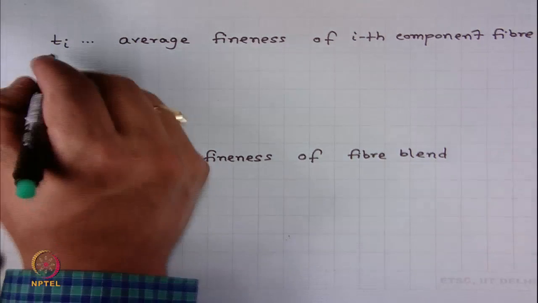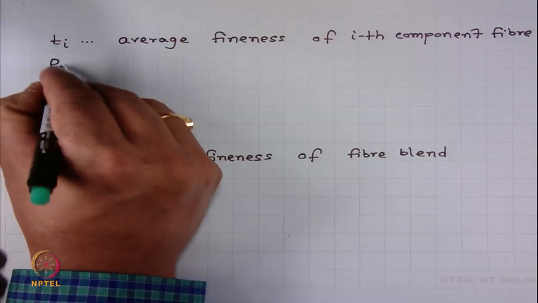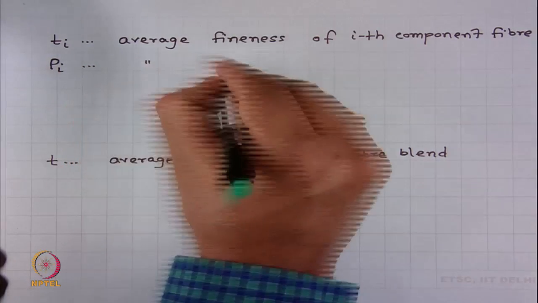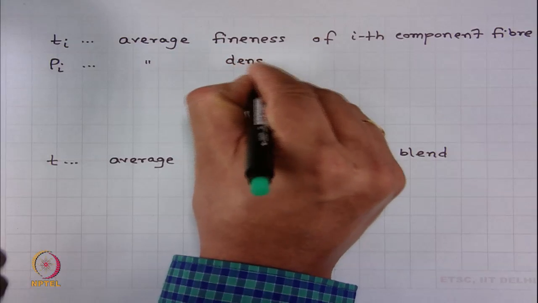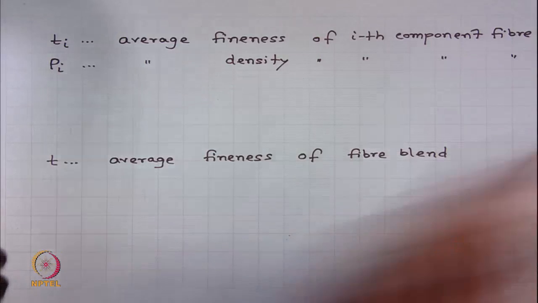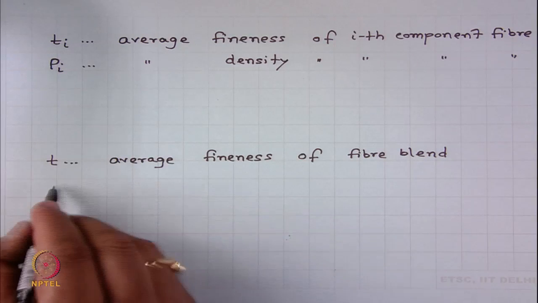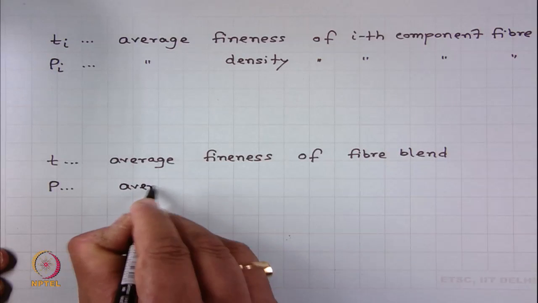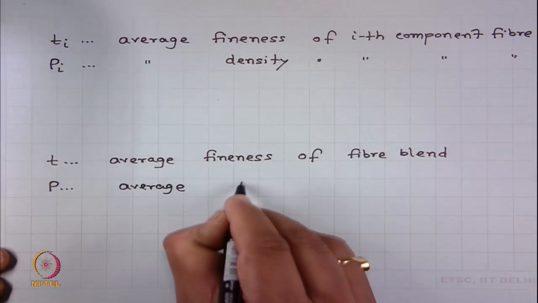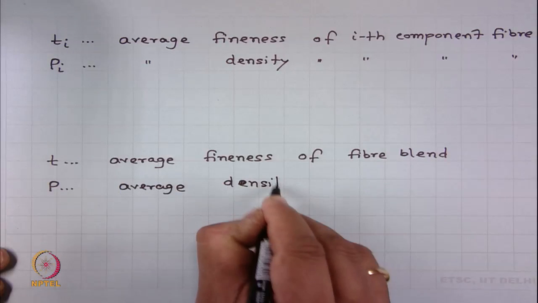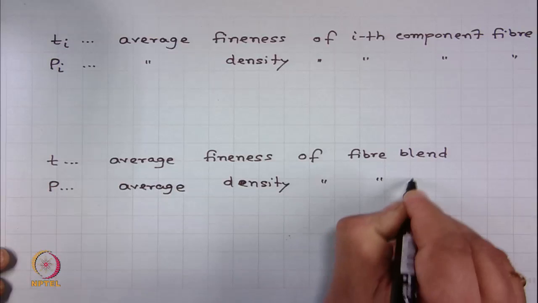Similarly, rho subscript I denotes average density of ith component fiber, whereas rho denotes average density of fiber blend.